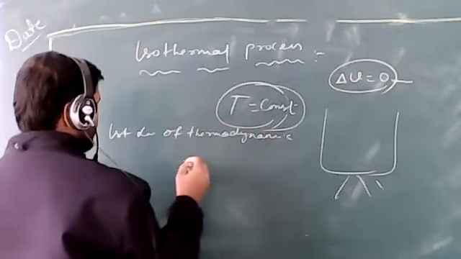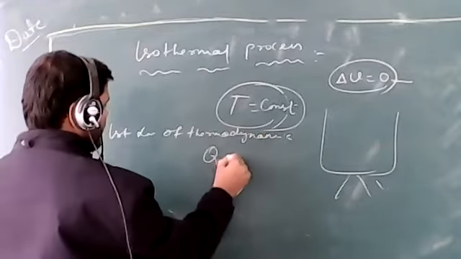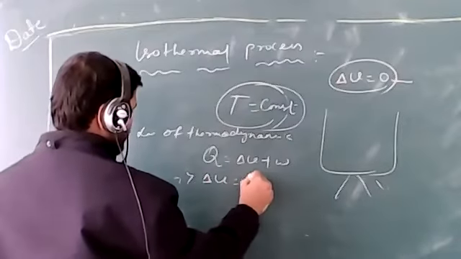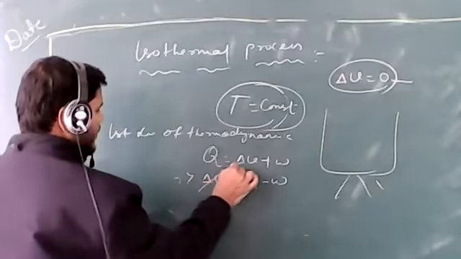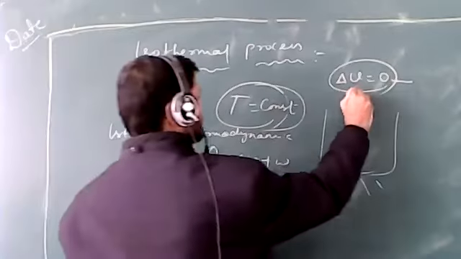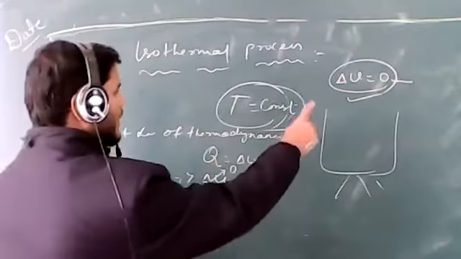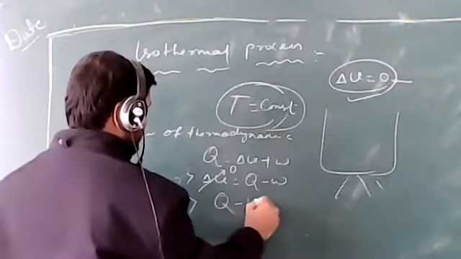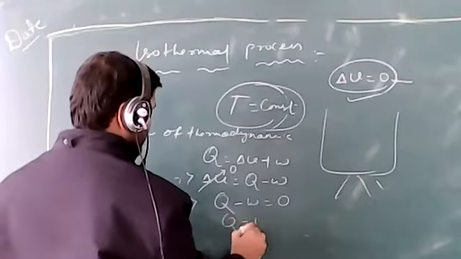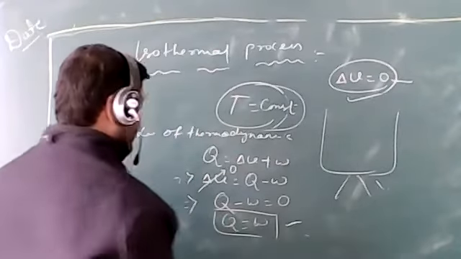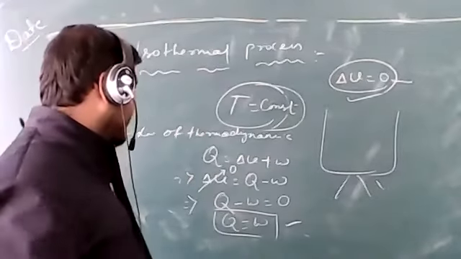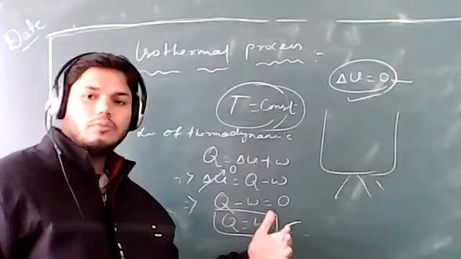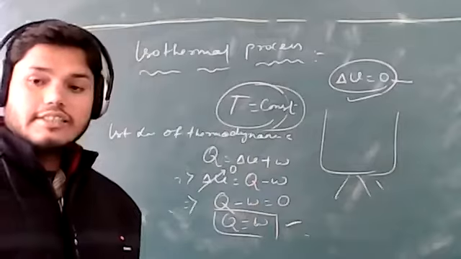It tells that Q equals delta U plus W, so delta U equals Q minus W. As the process is isothermal, delta U equals 0, so Q minus W equals 0. Whatever heat we have supplied will be equal to W. That is, the heat supplied to the system will be directly converted into work done if the process is isothermal.